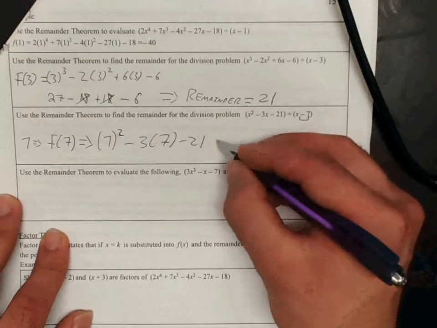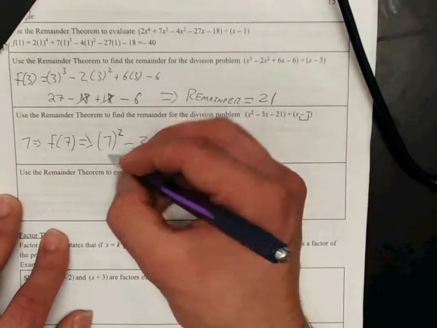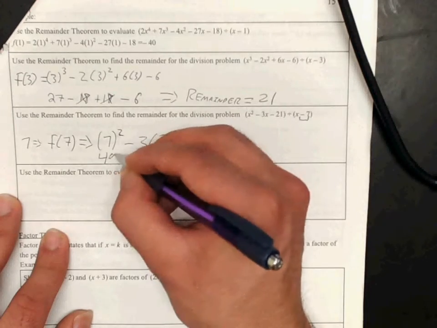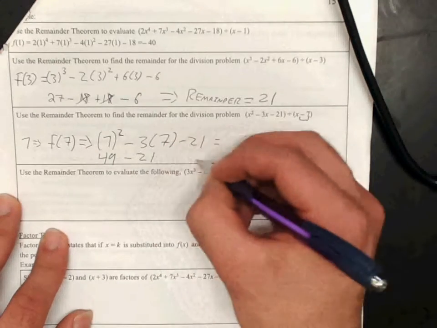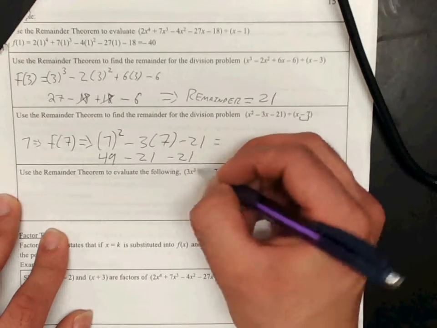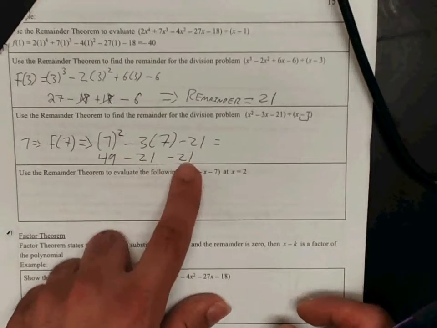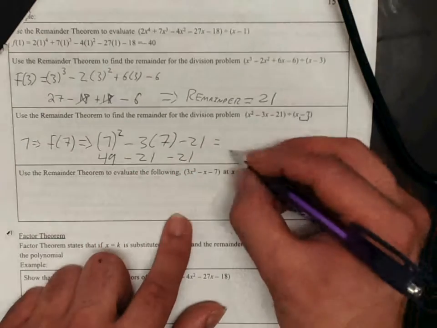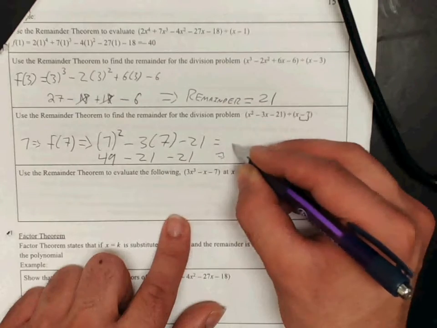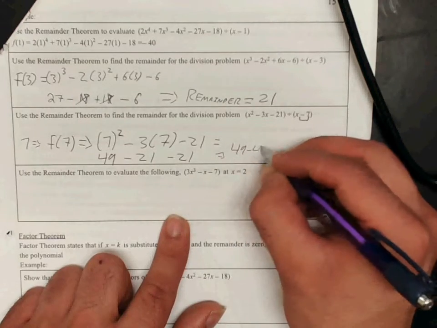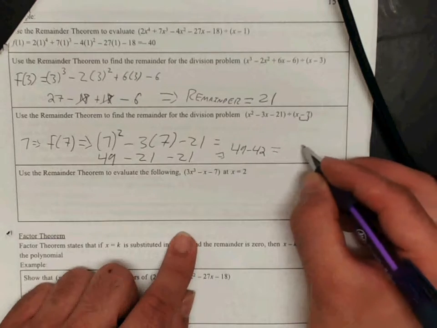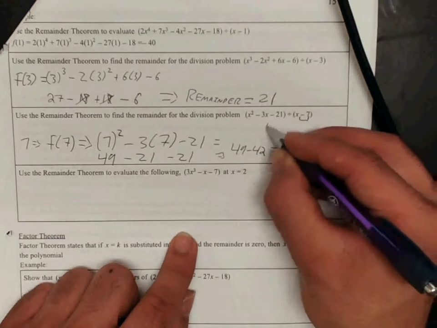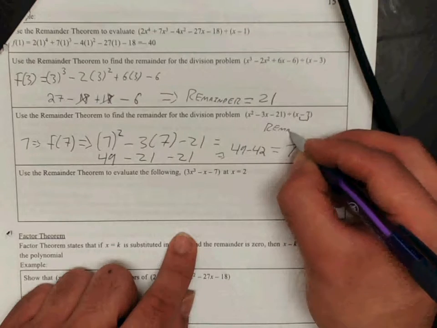So it's going to be 7 squared is 49, 3 times 7 is 21, so minus 21, minus 21, so 21 plus 21 is going to be 42, so that's going to be 49 minus 42, and the result is going to be 7. So the remainder is going to be equal to 7.